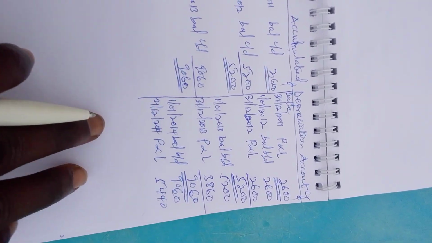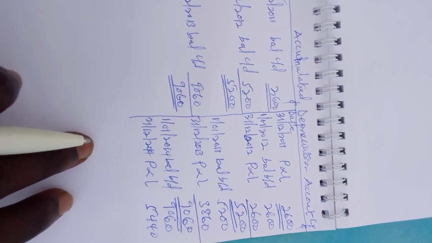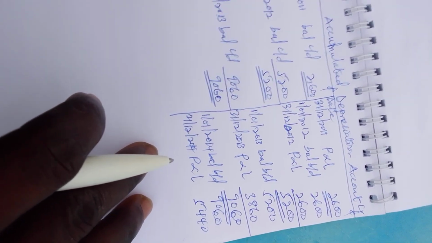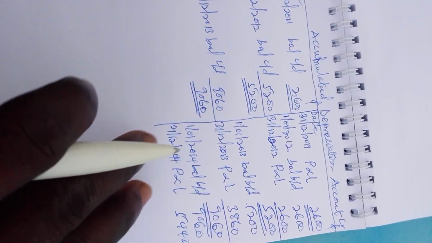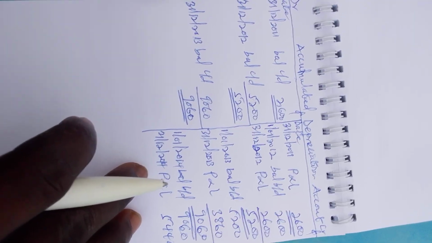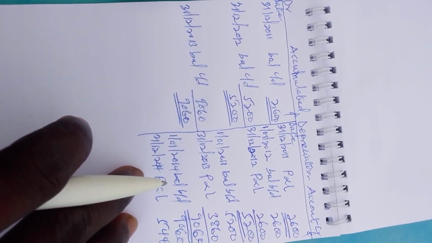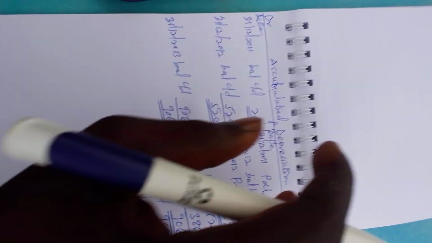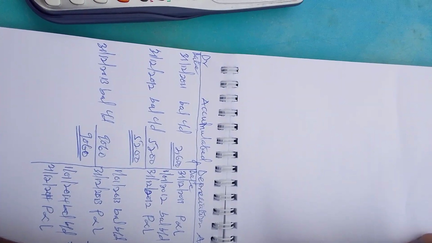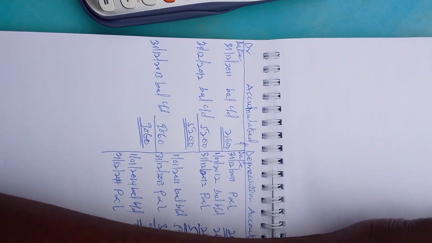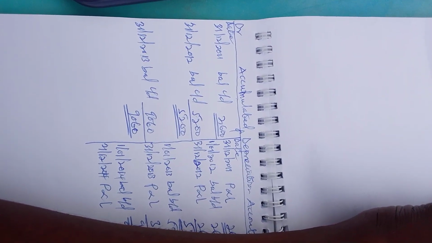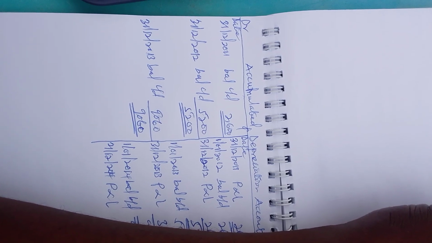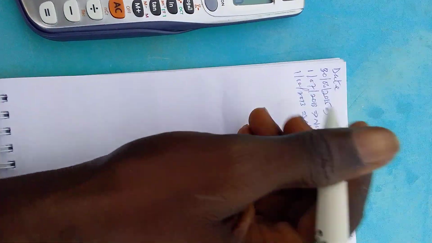And a disposal was made. For us to get the disposal that was made, we have to calculate the accumulated depreciation for the asset, which is asset number 1. So let me introduce this.